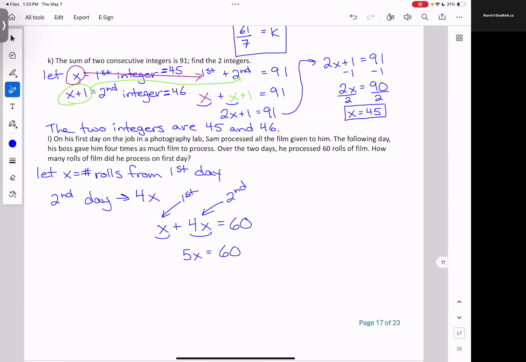And step 4, we want to isolate our variable. So to do that, we're going to divide both sides by 5. And that gives us x is 12. So he processed 12 rolls his first day.